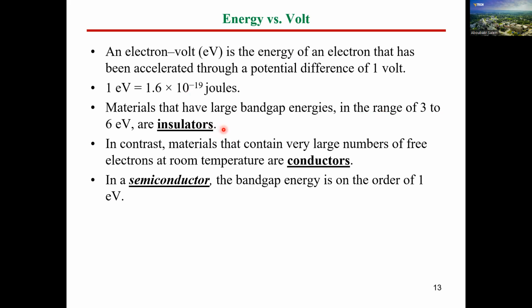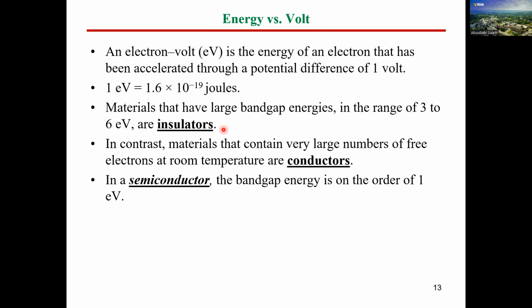So let's say 6 electron volts is an insulator. In order to allow a current flow in an insulator, you need to apply energy of more than 6 electron volts, for instance. And it's not going to be constant for every material. It depends on the material type. But let's say, commonly, from 3 to 6 can be considered an insulator.